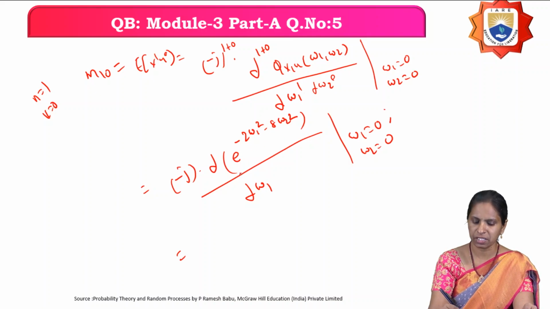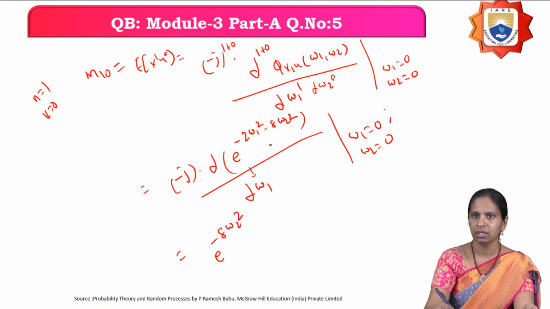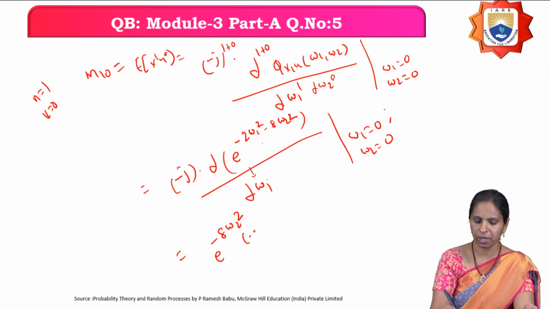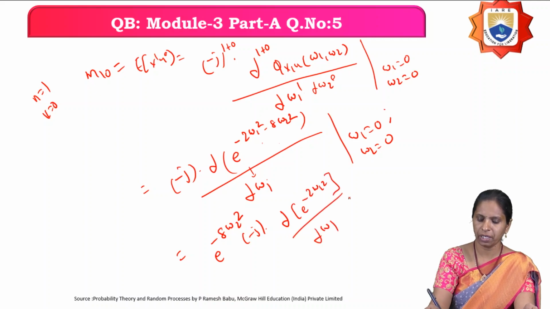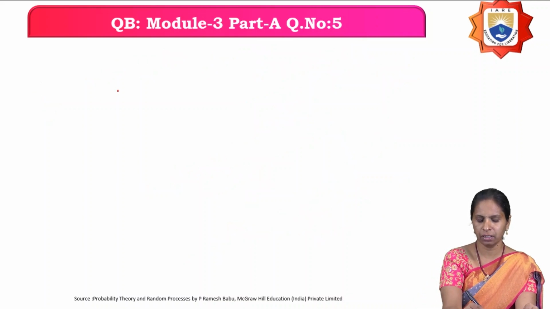So you differentiate with respect to omega 1. You can write this as e power minus 8 omega 2 square, which is constant with respect to omega 1, so take it outside. So minus j into dou e power minus 2 omega 1 square by dou omega 1, then substitute omega 1 equals 0 and omega 2 equals 0.